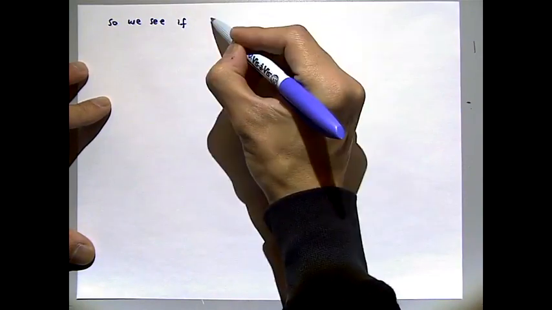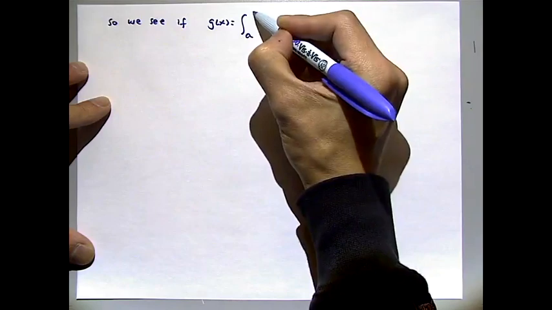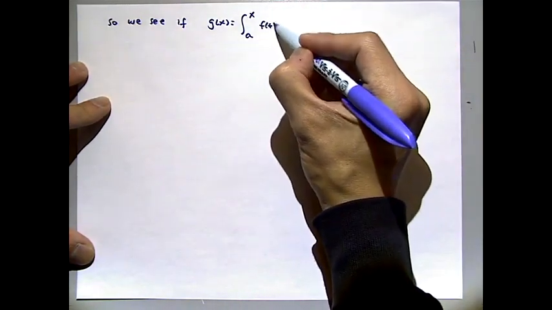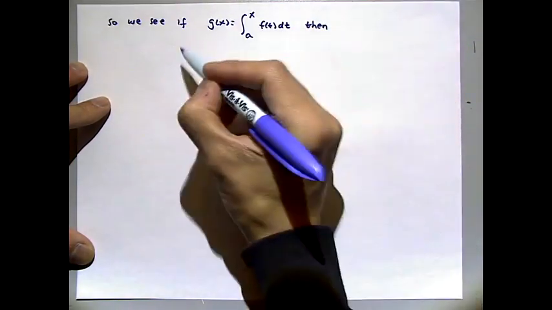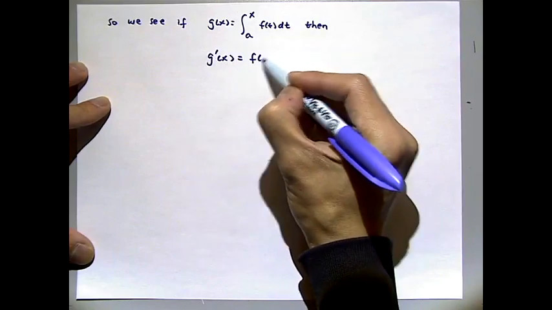So we see that if the function g of x is defined as the area from x equal to a up to some other x, then the derivative is equal to f of x.